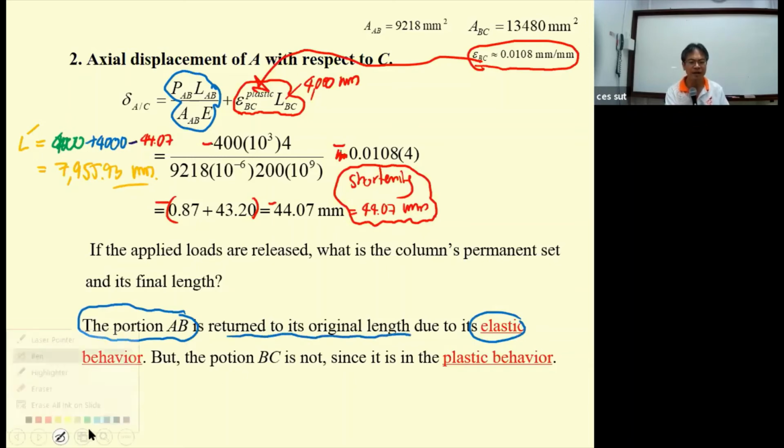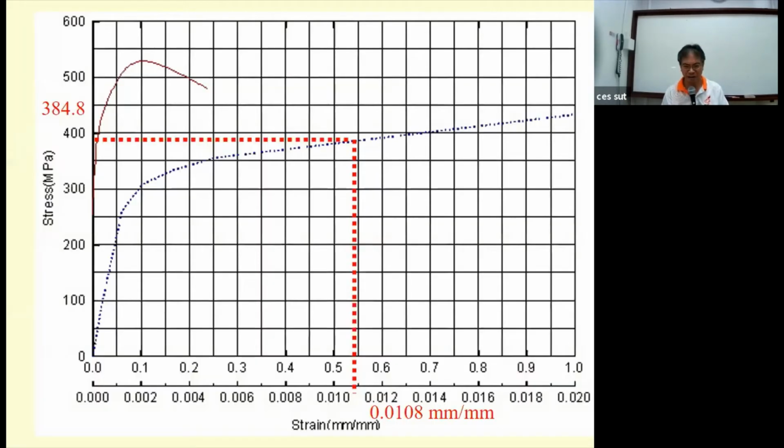So only the BC, BC is the green one, has the plastic behavior, so that part is going to be returned by elastic recovery.